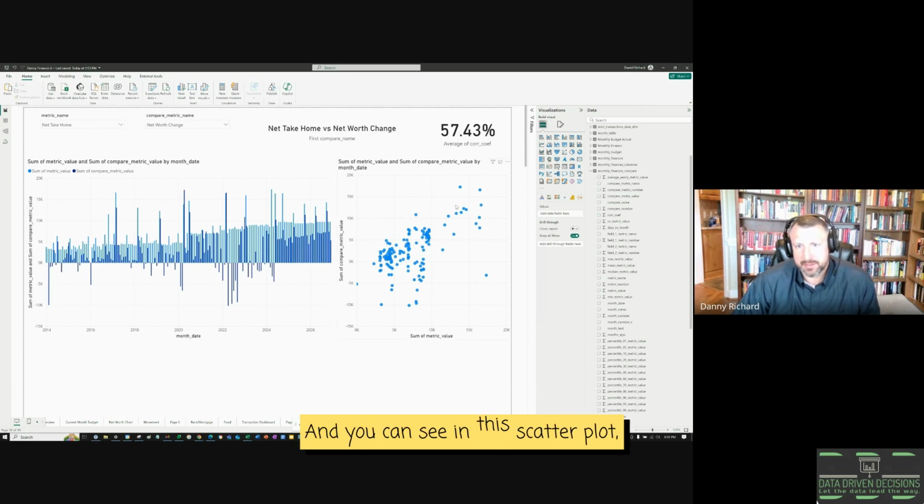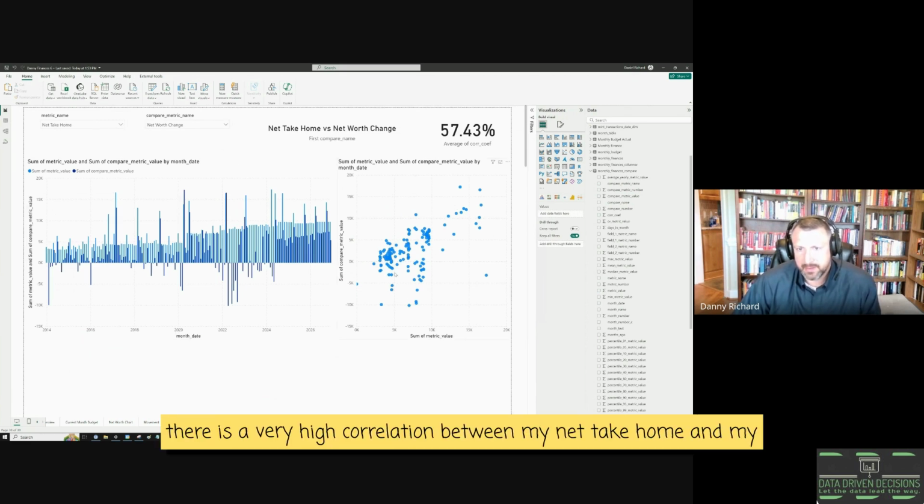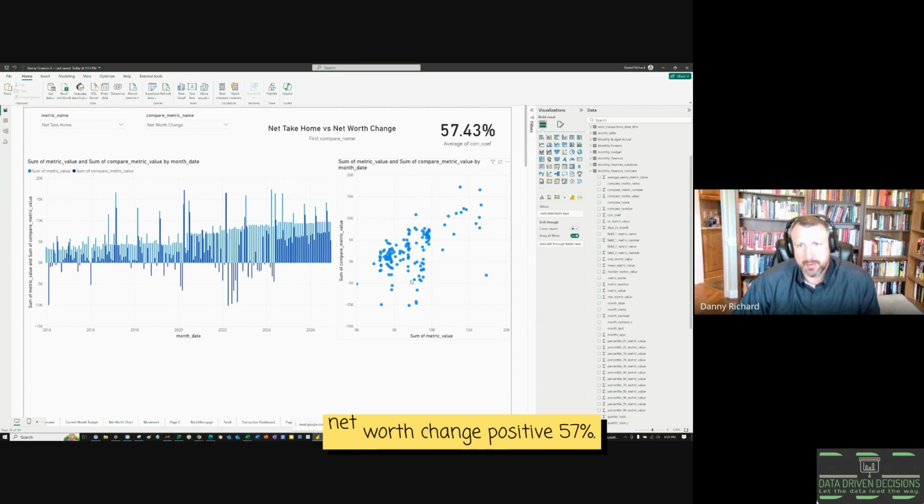And you can see in this scatter plot, there is a very high correlation between my net take home and my net worth change, positive 57%. So that means that 57% of the variability in net take home explains positively the net worth change.